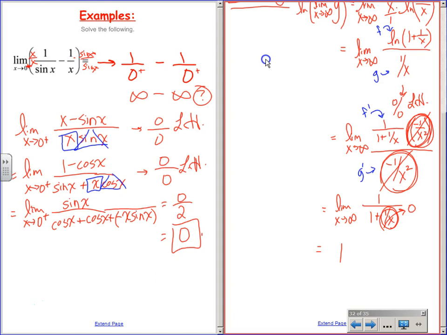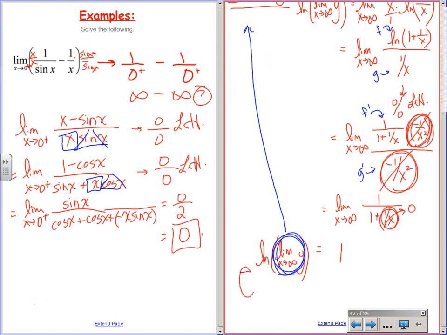Because what is on the other side? Who was I actually trying to solve for the entire time? If you look up above or somewhere, I'm trying to find this guy. And the way to get that guy is to get rid of the ln.